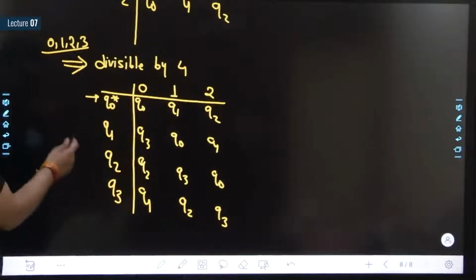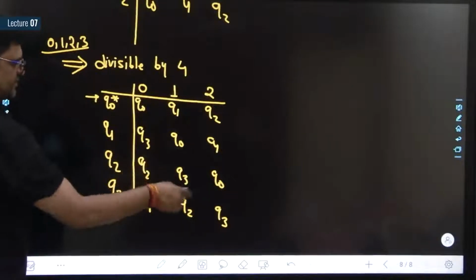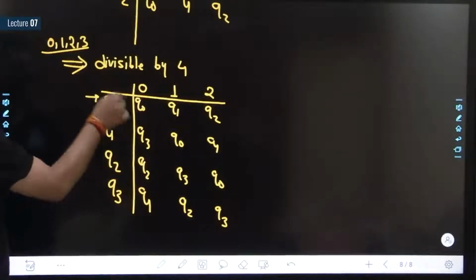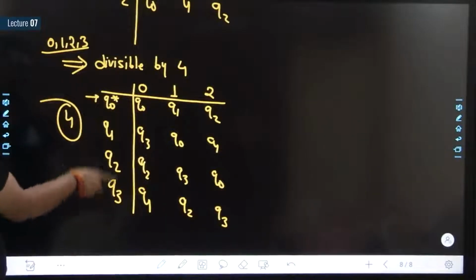There are no same states. There is no same transition. Then the final number of states in the minimal DFA is 4. There are no states which can be merged.